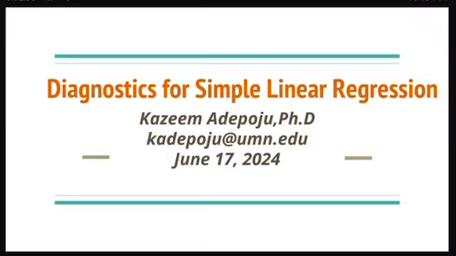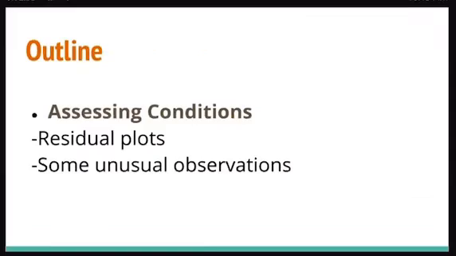Then we need to subject our model to diagnostics, and that's why I call it diagnostics for simple linear regression model. So in the outline, we're going to learn how to use residual plots to assess whether the conditions underlying the use of a model are met. And I'm also going to walk you through some unusual observations.